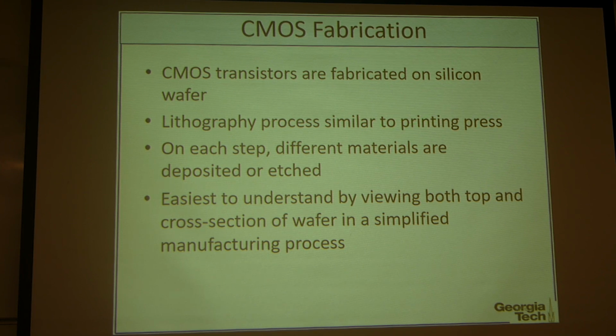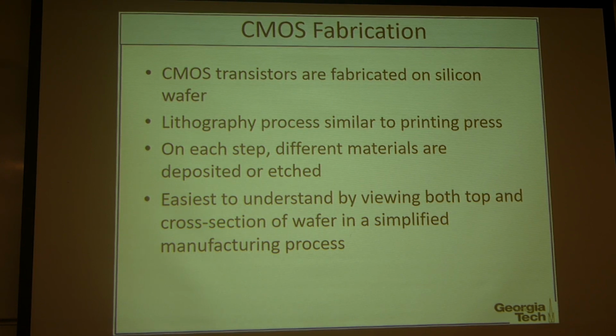I'll talk about the details after about 40 slides. It is the easiest way to understand how the structures are made by looking at both the top and the cross-sectional view. The next slides will be explained with top and cross sections with a simplified manufacturing process.